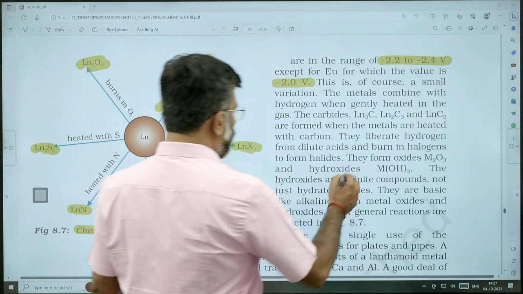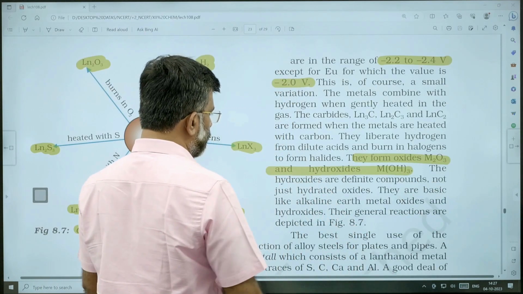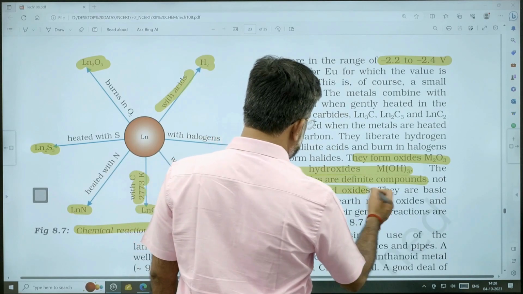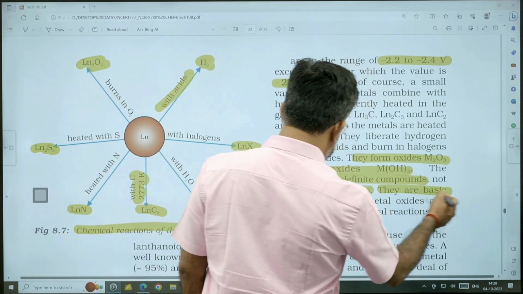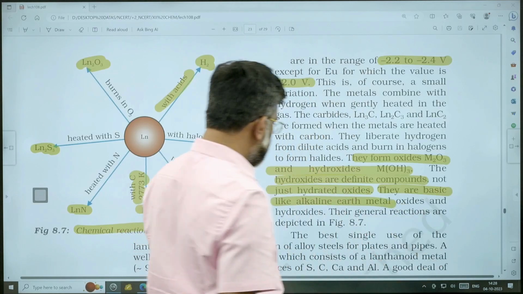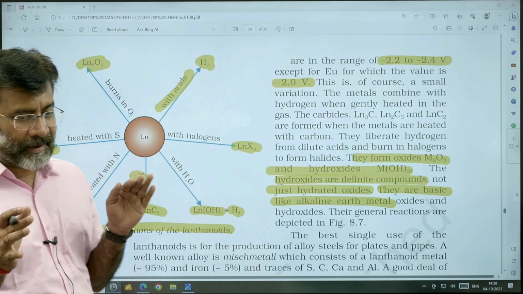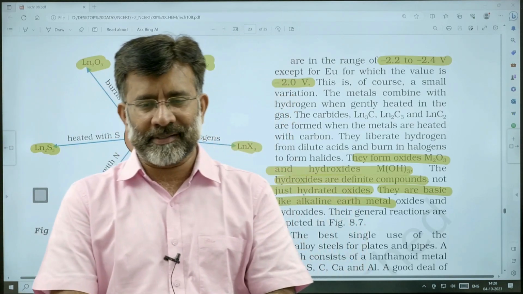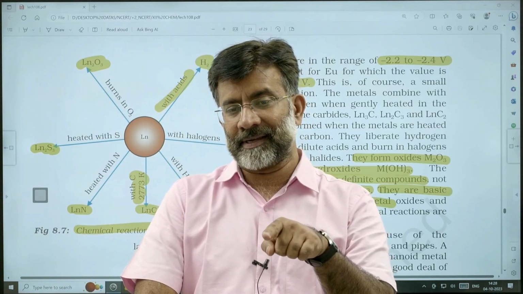They form oxides, M2O3, and hydroxides, M(OH)3. They are definite hydroxides, definite compounds, not just hydrated oxides. They are basic. When you compare with aluminium hydroxide, don't compare the characteristics. Aluminium oxide is amphoteric in nature, lanthanum oxide is basic.